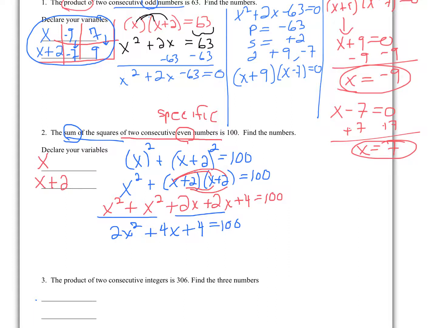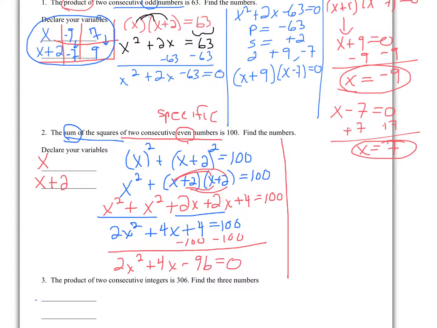Now we need to make one side equal 0, so it's minus 100. 2x squared plus 4x minus 96 equals 0. So now we've got it to where we can start factoring.